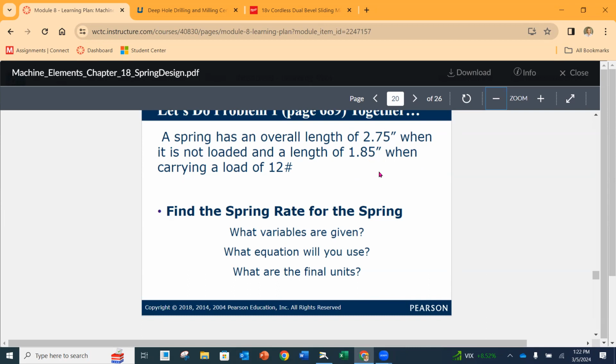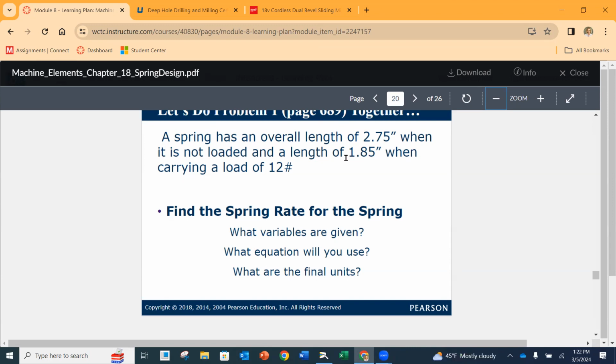We do know our operating length. It says here we have a length of 1.85 when carrying a load of 12 pounds. This probably could be operating length. We're going to assume that because it's probably the operating force that it's going to see, but it could also be an installation, and they're very similar. One is just to put a little bit of load on, and the other is the regular load.